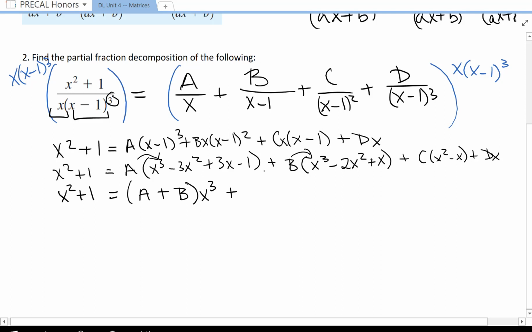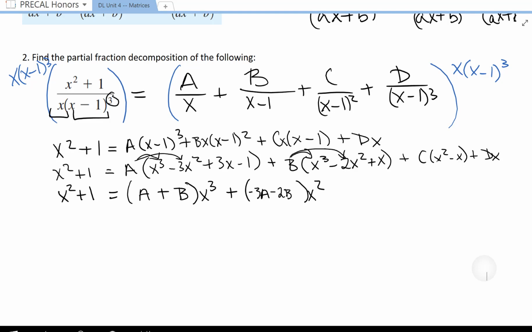Continuing on. X squared. I have a times -3x squared. So that's a -3a times x squared. Then I have b times -2x squared. That's -2b times x squared. And c times 1x squared, that's just 1c times x squared.